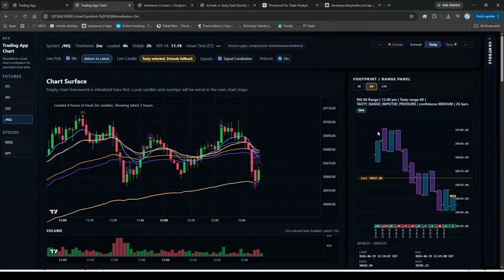And these footprints make a big change. All of this information is coming from Charles Schwab. These are all the 1 minute canonicals, and the source of record for the 1 minutes is going to be Charles Schwab, because Schwab on the 1 minutes also provides the volume you get down here.